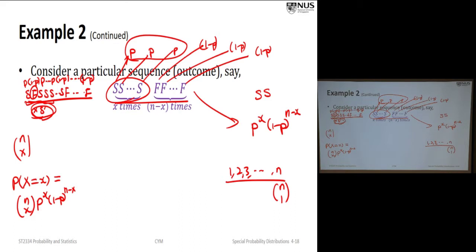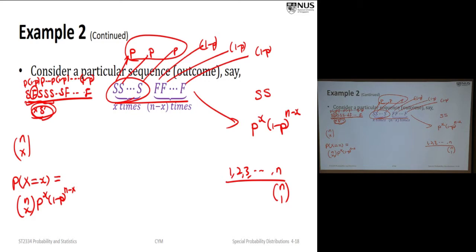So what's the chance of getting this particular sequence that gives you X successes? The chance is p to the power X times 1 minus p to the power n minus X. We can do that because all these trials are considered independent. They will not affect the outcome of the others.